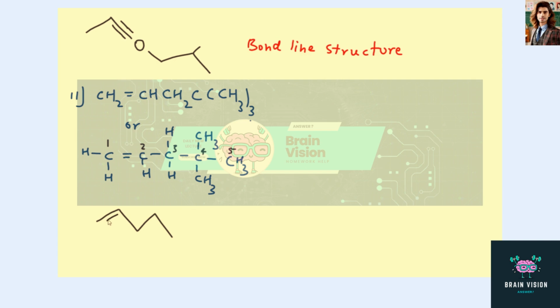So this is the double bond here. This double bonded first and second carbon atom are here, and then we have the third carbon atom which consists of two hydrogen atoms. The fourth carbon atom consists of two methyl groups. So those methyl groups can be represented like this. Okay, so this will be the bond line formula for the given structure. So this is the bond line structure.